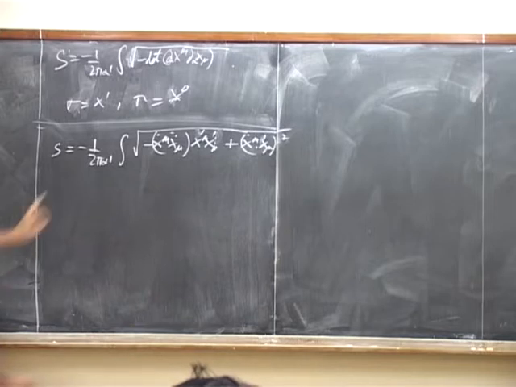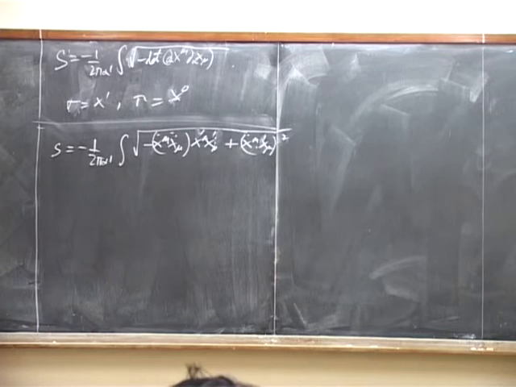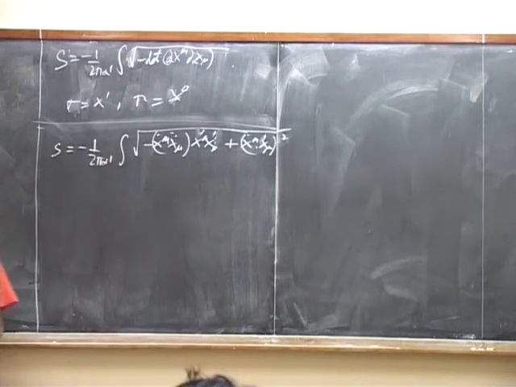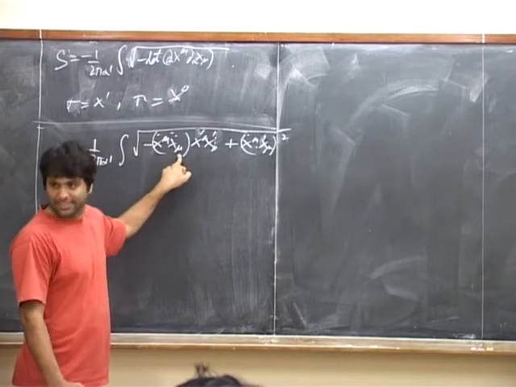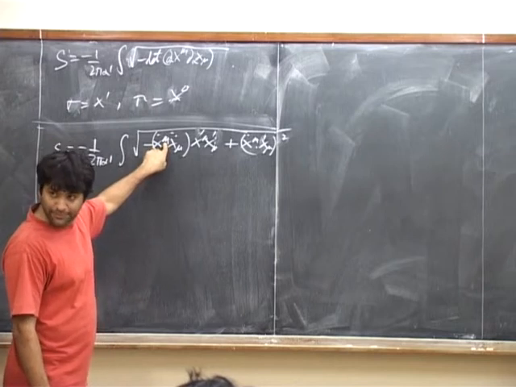Okay, this is minus and this is plus, this is minus. Fine. Now I want to take this action and expand it to quadratic order in fluctuations. So the first question I ask is, is there any term in this action that's not zero at zero order in fluctuations? Is there a background piece of this action? And clearly there is, because x mu dot x mu dot is not zero, because it gets contributions from x0.